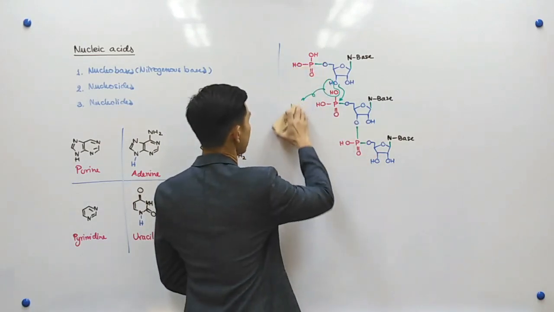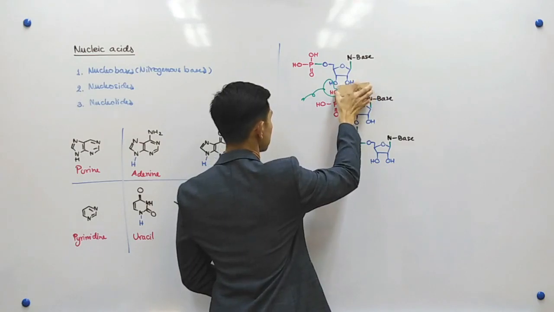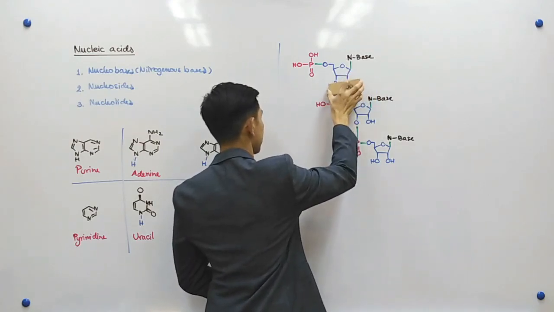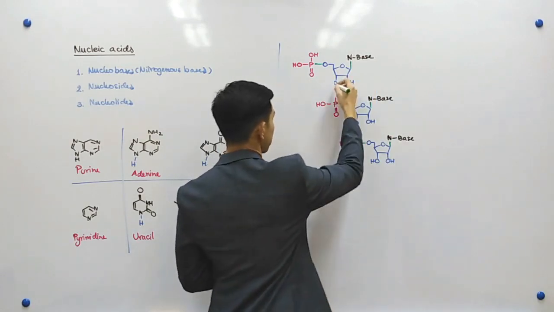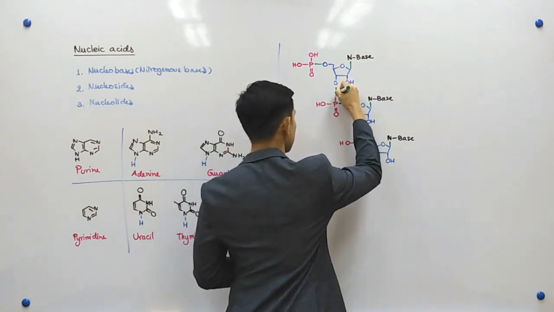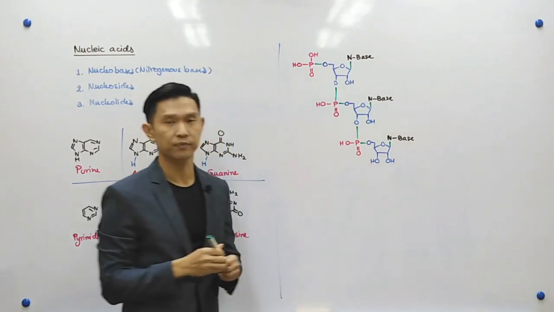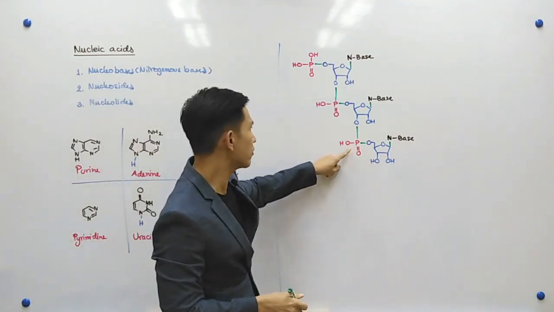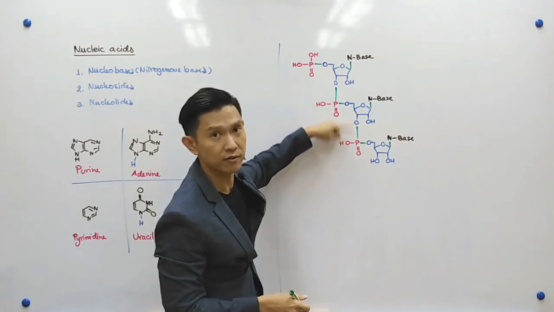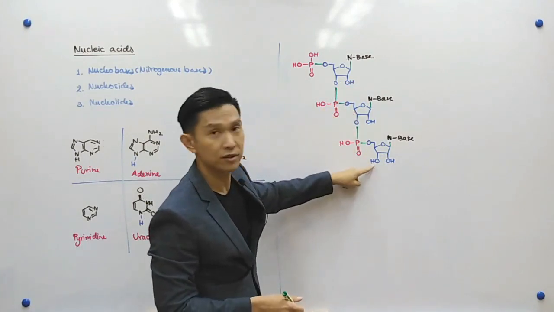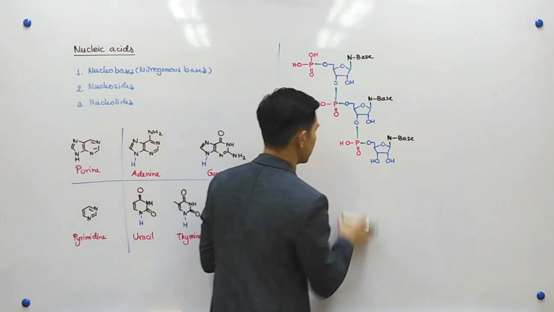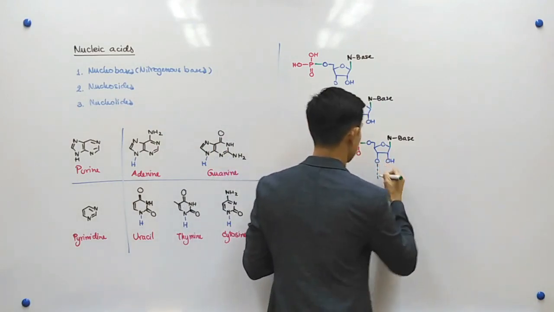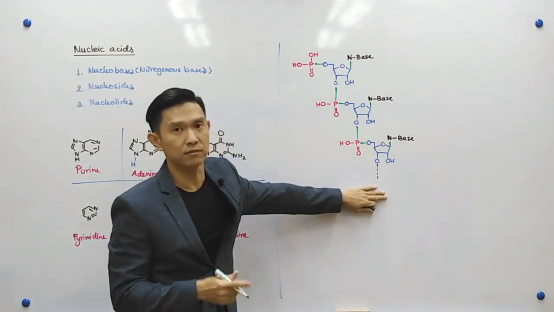Here, if I want to draw it again, the blue oxygen up here of the ribose sugar can condense with the phosphorus down here. And again, the phosphorus condenses with the next ribose on top. Then your ribose sugar down here can again condense with the phosphoric acid from the bottom unit.